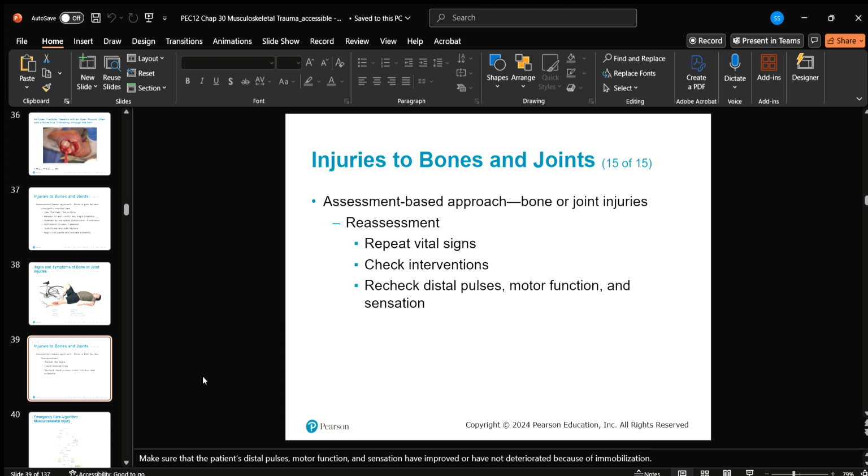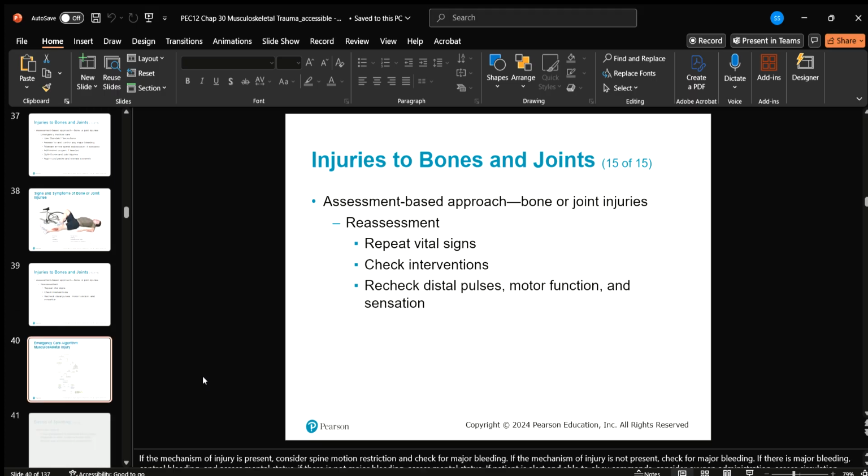We reassess, and 5 minutes later we reassess again, and they no longer have a pulse. Maybe the swelling has now created a tourniquet-like effect because of the bandaging we were using, and now their PMS has been compromised. So constantly reassess not only your vitals, but your interventions as well.